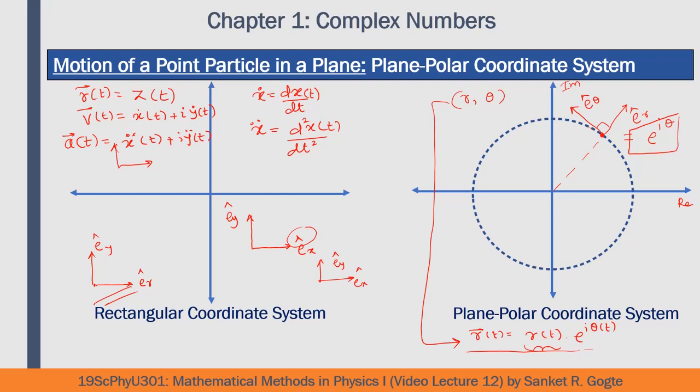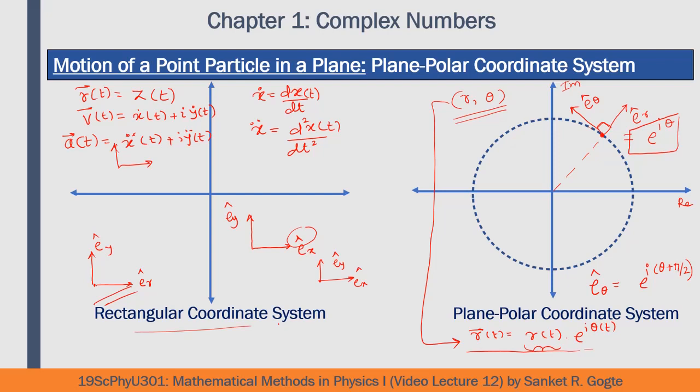Now how can I write the unit vector e theta using a complex number? Note that since this is a unit vector, its modulus is going to be 1, and its argument at this point r and theta, being perpendicular to e r, is equal to theta plus pi by 2.